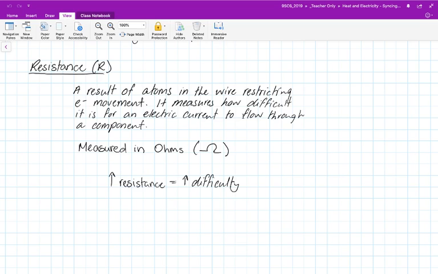Similar to our electromagnetic waves, there's a spectrum: some are really good conductors, some are average conductors, some are average insulators, and some are really good insulators. So there's a whole range, and that's the first thing resistance is dependent on: the type of material.